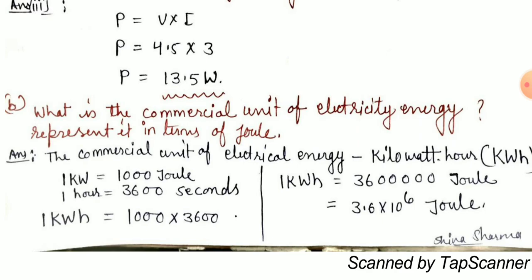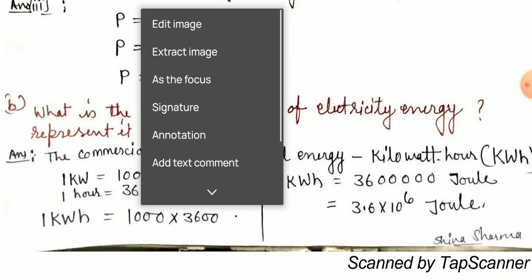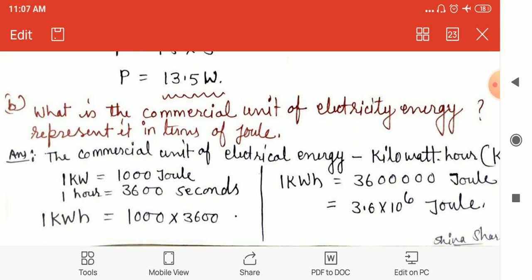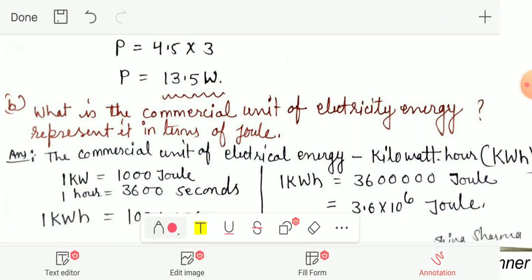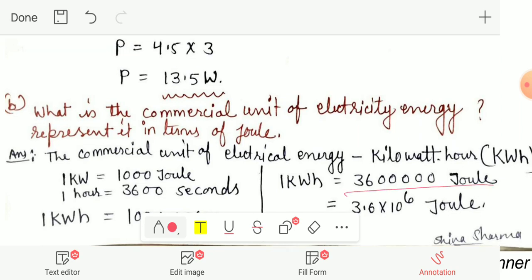So when we multiply 1000 by 3600, we get 36 lakh joule, and in terms of powers of 10, we get 3.6 into 10 raised to the power 6 joule, because you have put the point after 6: 1, 2, 3, 4, 5, 6. So 3.6 into 10 raised to the power 6 joule equals 1 kilowatt hour.